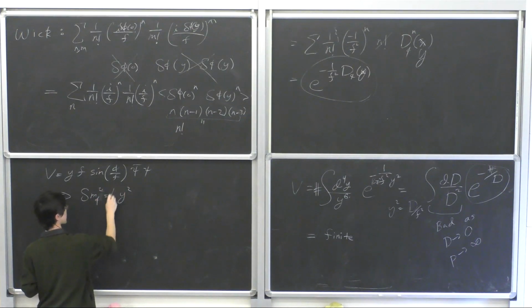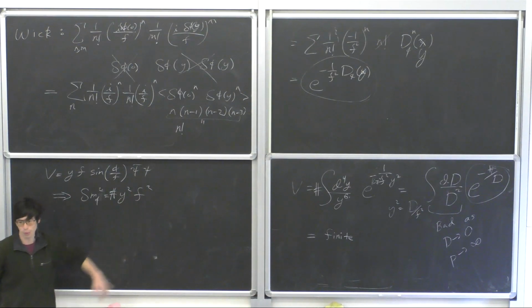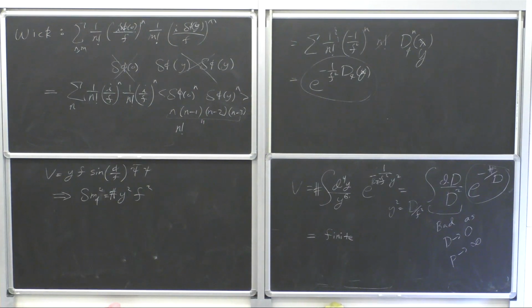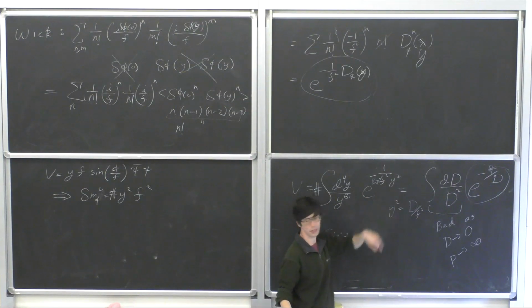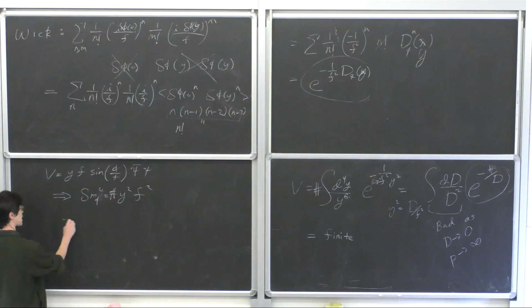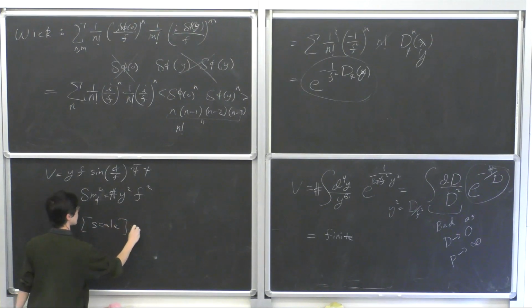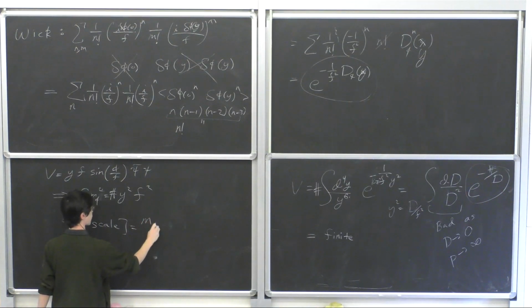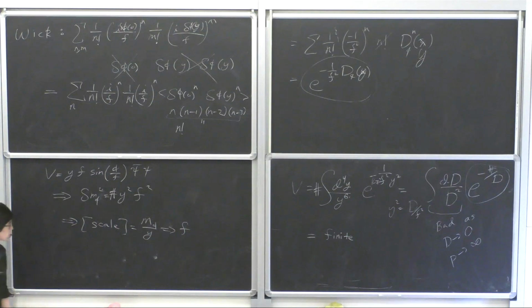I'm not giving the order 1 number, but dimensional analysis tells you if it's finite, the only thing you can put there is f, and that is what you get, right? This 1 over f squared here is what makes this finite with dimensional analysis of f. And so we had guessed the dimensional analysis scale is m phi over the Yukawa coupling, which gives you f. And you ask, what happens at the scale f?